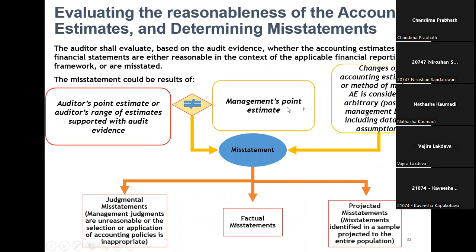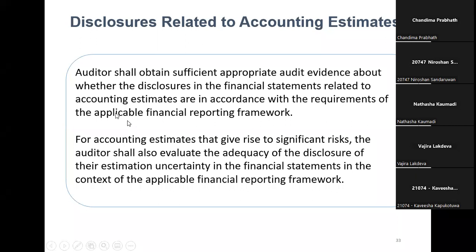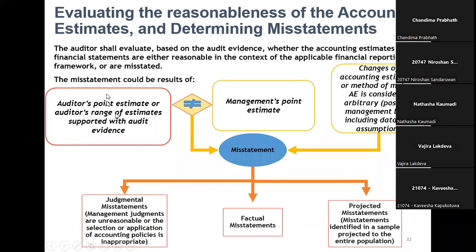Now, this is the management point estimate, that is the amount or the disclosure appearing in the financial statements. Then you compare it with the auditor's point estimate or the auditor's range of estimate supported with audit evidence, right? And you also have to consider whether changes in the accounting estimate or in the method of making the accounting estimate are arbitrary, indicating possible management bias.